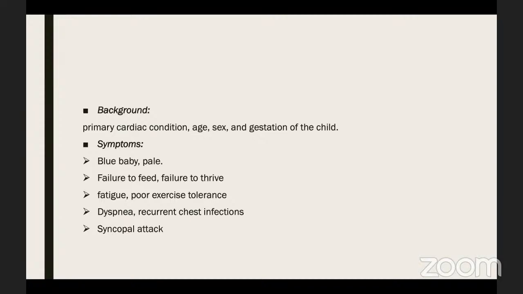As we all know, symptoms of congenital heart disease are present and become manifest at different times in early life. One of the most important things is the early phase when the PDA, or patent ductus arteriosus, closes for all ductal dependent cardiac defects.